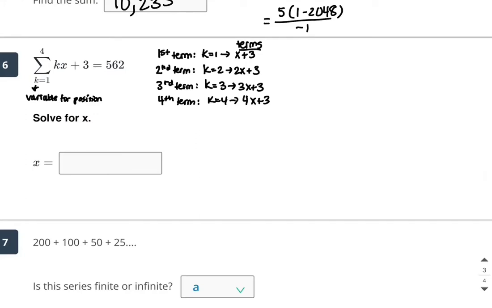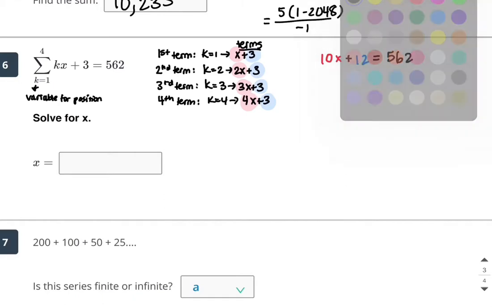So what I'm writing here is, and I'm going to combine my like terms. So I have x plus 2x plus 3x plus 4x. That gives me x plus 2x is 3x, 3x plus 3x is 6x, 6x plus 4x is 10x. So I have 10x plus, 3, 6, 9, 12, so I have plus 12, and that gives me 562.